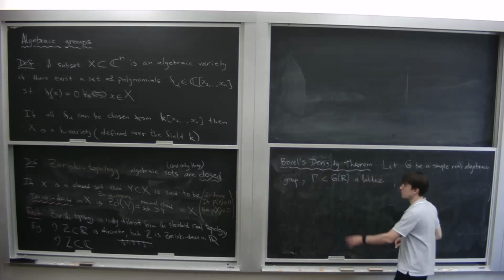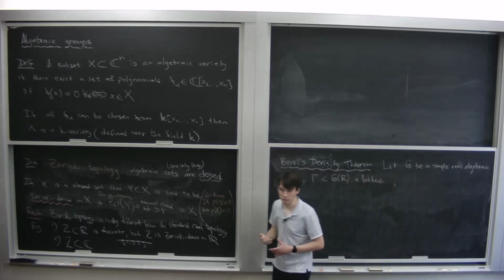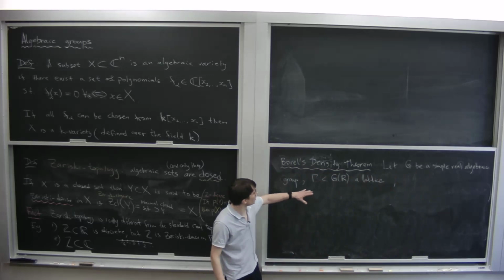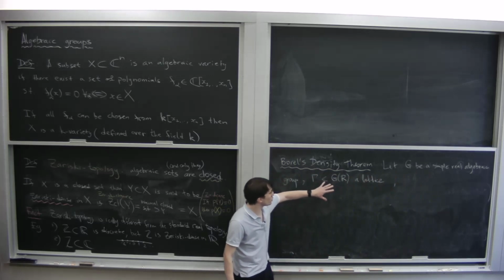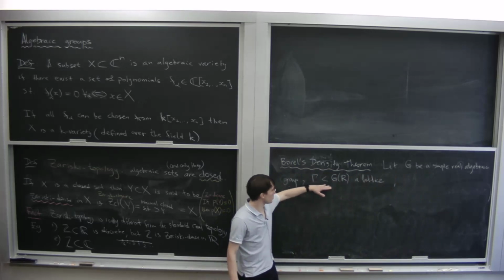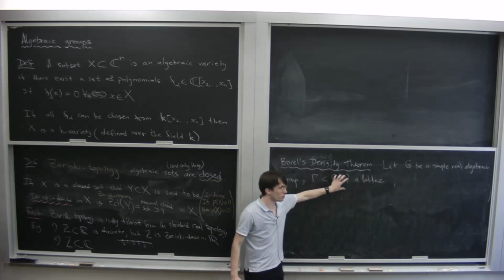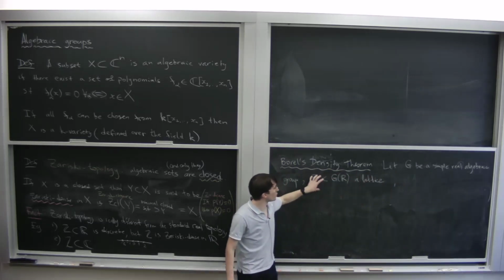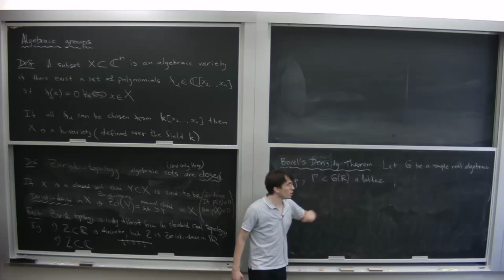I remind you that this means it acts as a finite covolume discrete group by isometries on the homogeneous space G mod K, or it is a lattice with respect to the Haar measure on G of R. So in G of R we have the Haar measure, and the quotient G mod gamma has finite Haar measure.